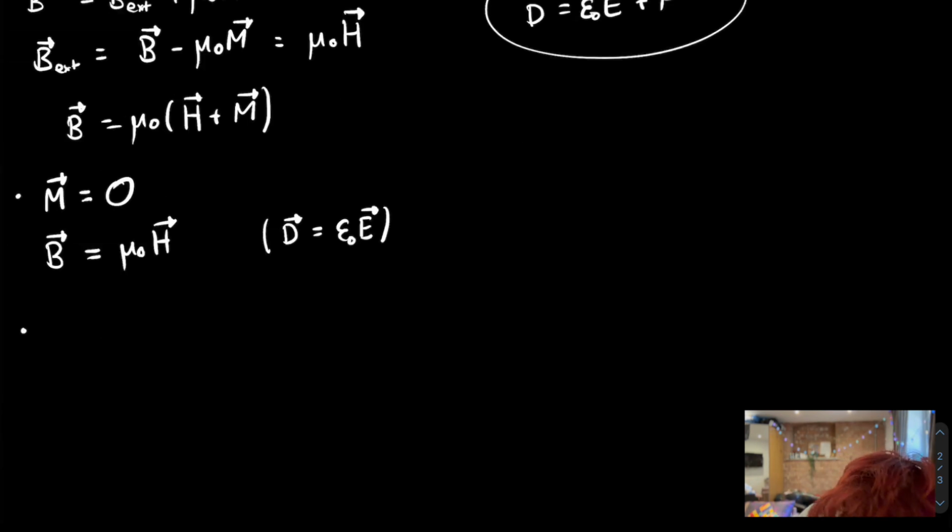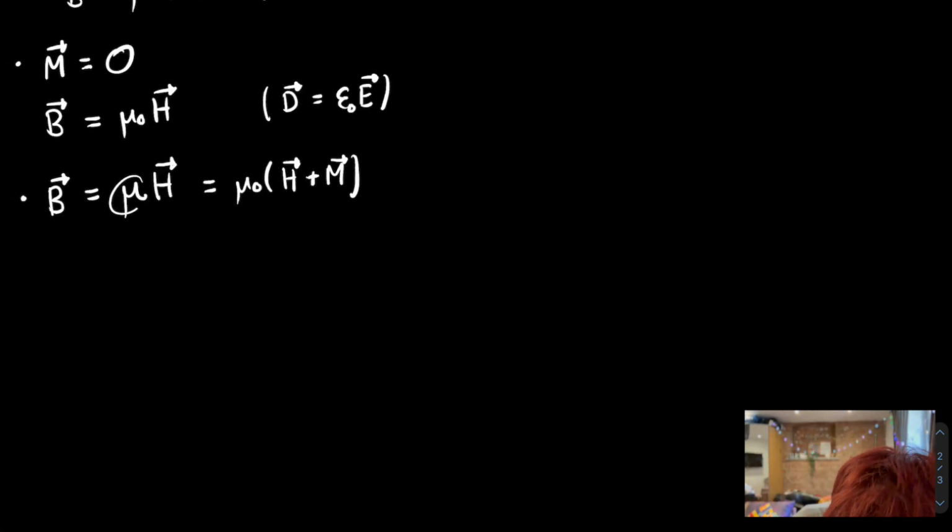But in a magnetic material, rather than B being equal to mu naught times H, where mu naught is the permeability of free space, we define the permeability anywhere as the proportionality relationship between B and H. So this mu is any kind of general permeability, but of course we can set this equal to mu naught times H plus M. And so we can say that mu is equal to mu naught multiplied by some dimensionless scaling factor, which we call the relative permeability, mu r.